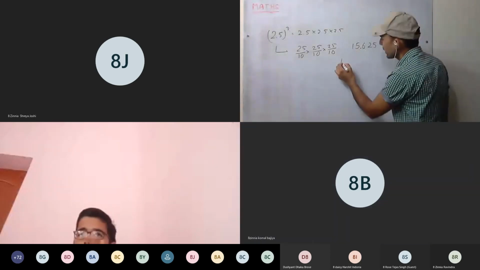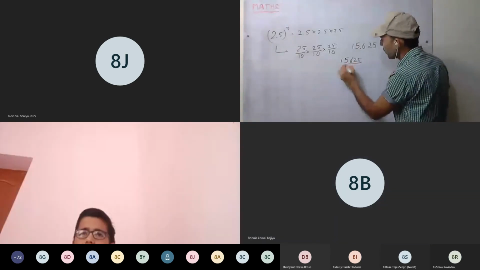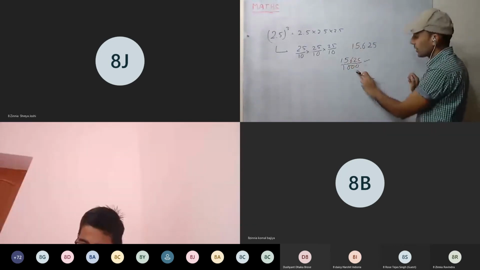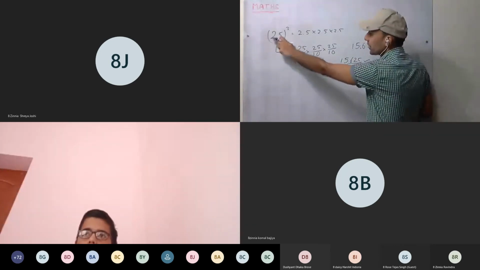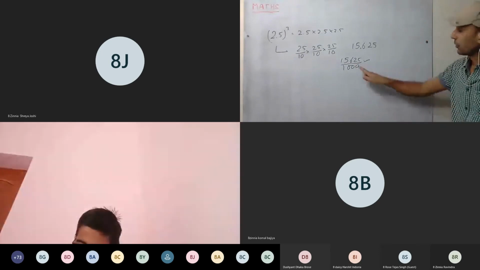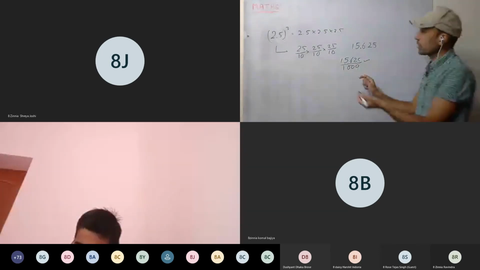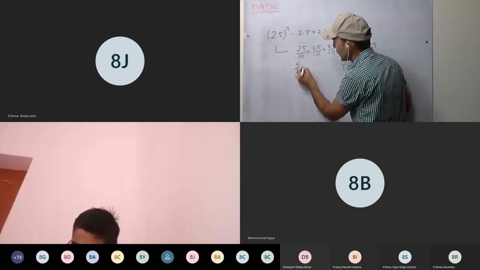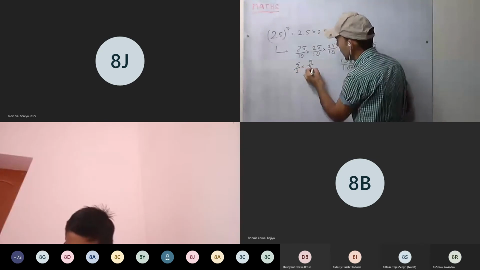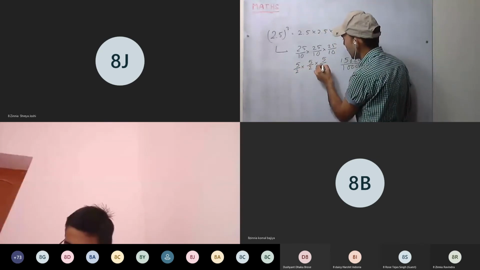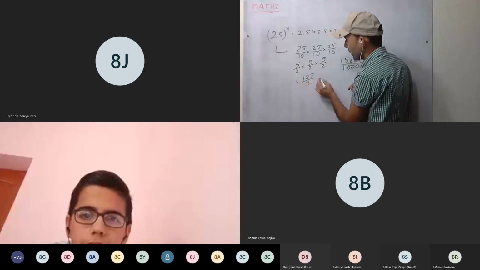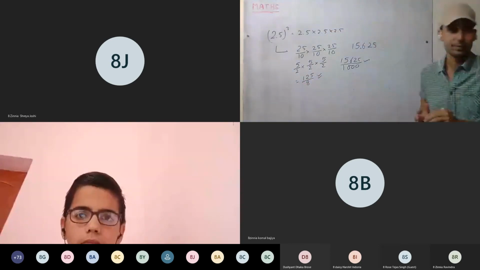Okay, if you are leaving it like 15625 upon 1000, it is fine. But it's still better if we put it in decimal, because the question was in decimals. If you convert into fraction, 5 upon 2 into 5 upon 2 into 5 upon 2, so leaving it as 125 upon 8 as well is fine.